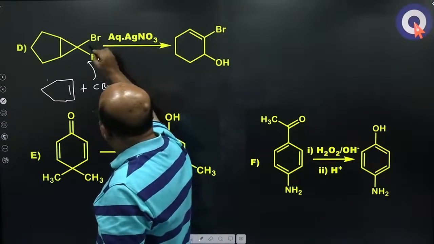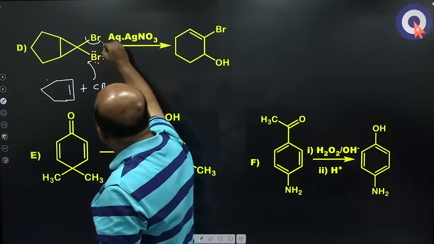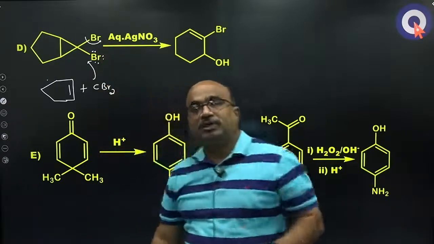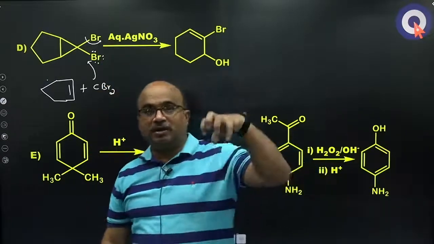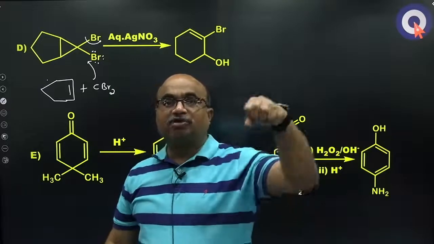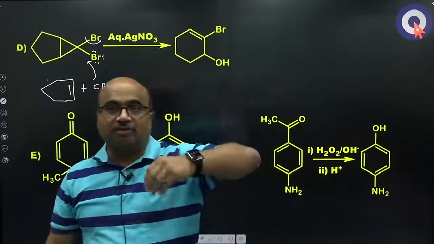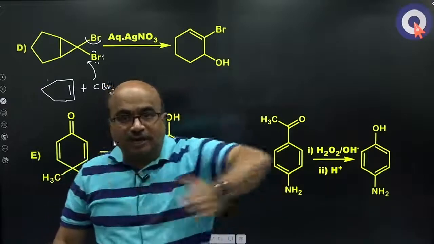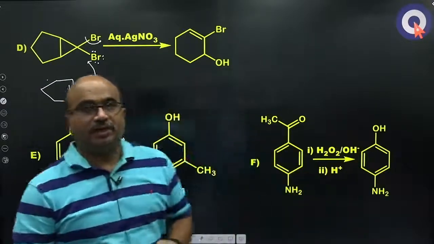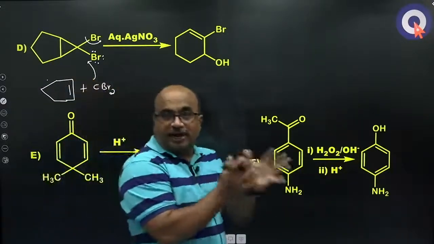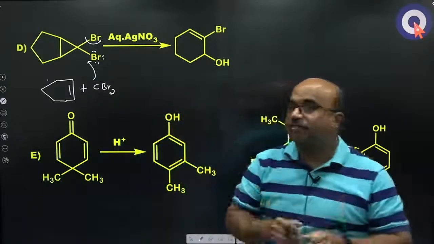So one of the halogens becomes like a good leaving group, that may leave. And since we added a silver salt, it will immediately precipitate as AgBr. So the precipitation reaction also favors the reaction to proceed in the forward direction. So one of the compounds we are getting here gets precipitated.